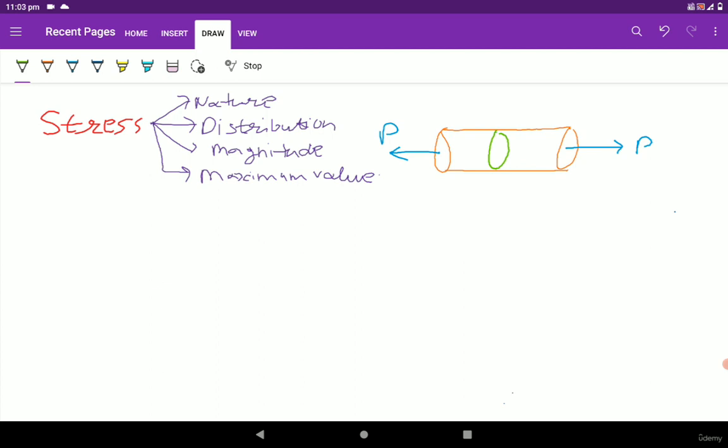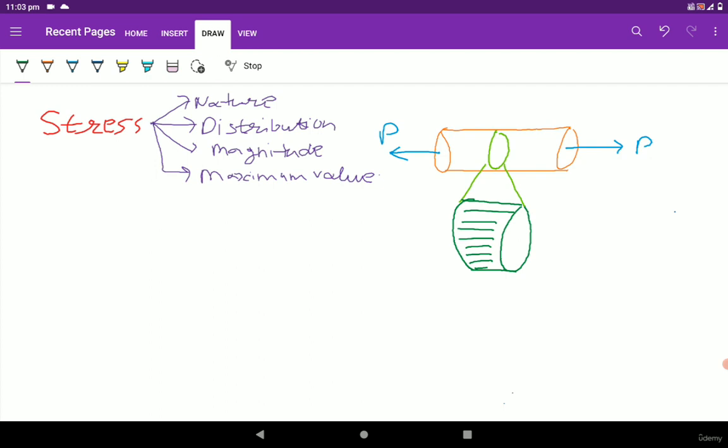So if we zoom this element, it looks something like this. So this is the taken element which we have zoomed further.